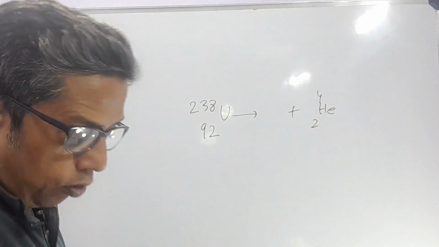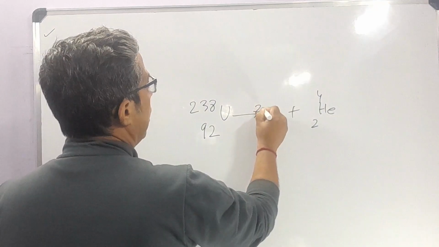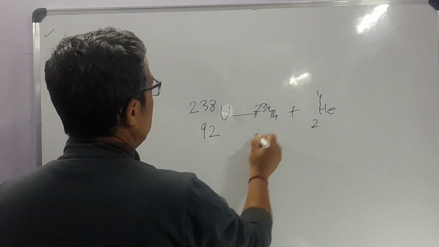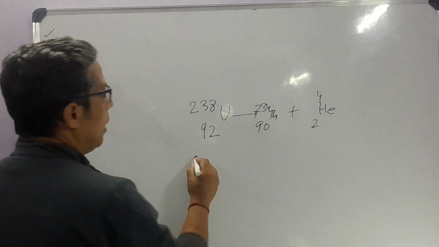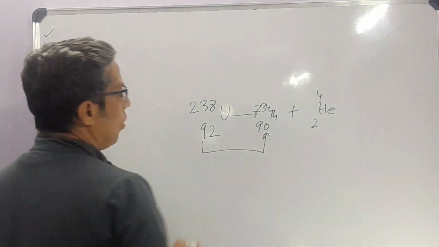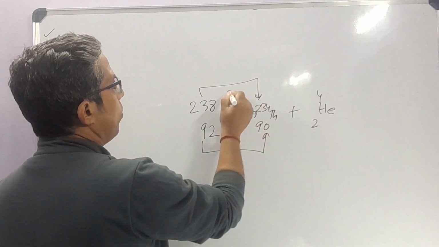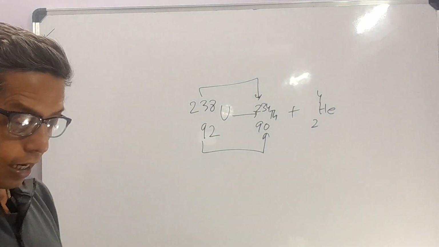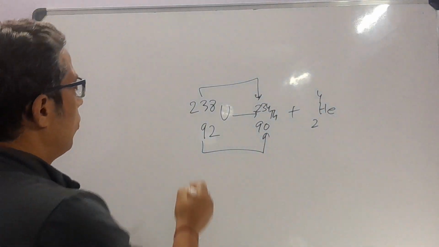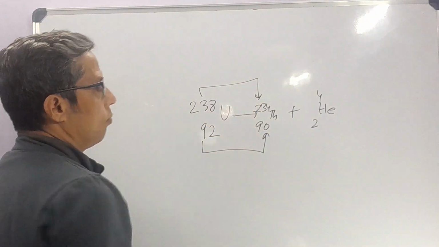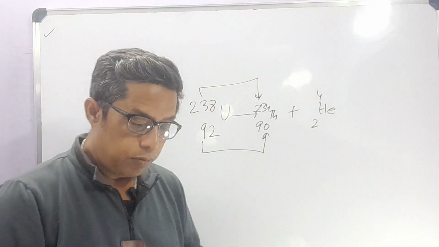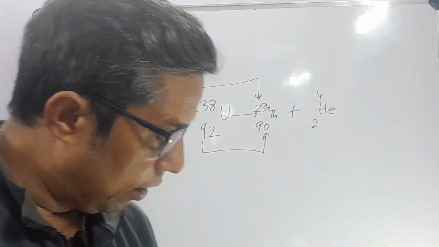The new atom will be thorium 234, with proton number 90. If you see here, both the proton number and the mass number have changed. The mass is reduced by 4 and the proton number is reduced by 2. So a new atom is formed. This is an example of alpha emission.